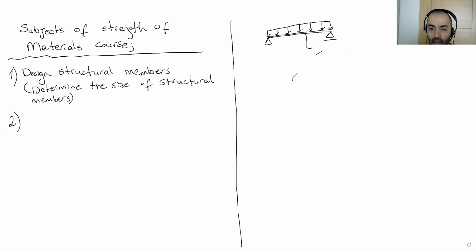let's say we have a beam like this. This is my section. Let's say this is 20 centimeter. Here is 10 centimeter. I'd like to use this section for this beam. Okay, so if I know the section, I can calculate the capacity, load carrying capacity.